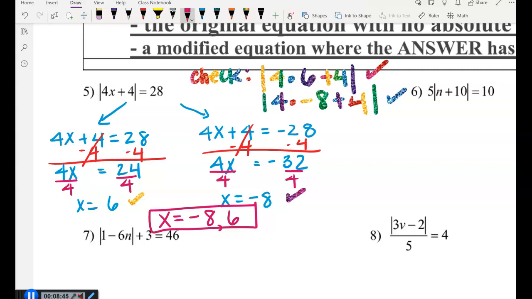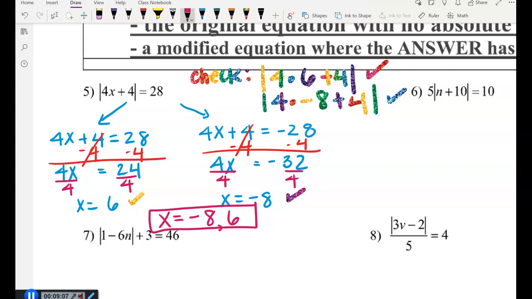Example 6 says 5 times an absolute value of n plus 10 equals 10. So look at that equation. Is the absolute value, Shay, all isolated? Meaning that is it all by itself? No, good.